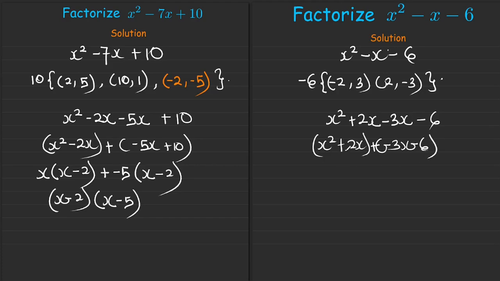So what do x squared and then 2x have in common? They both have the x. We put our x here. Then x times what gives us x squared? Or in other words, x squared divided by x gives us an x. Then x times what gives us a 2x, or 2x divided by x. That gives us a positive 2.